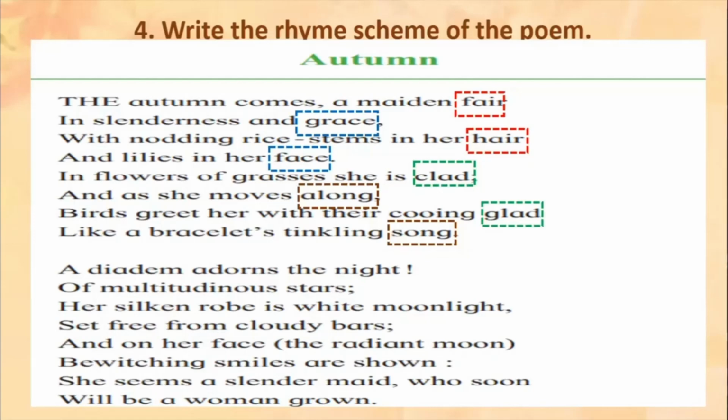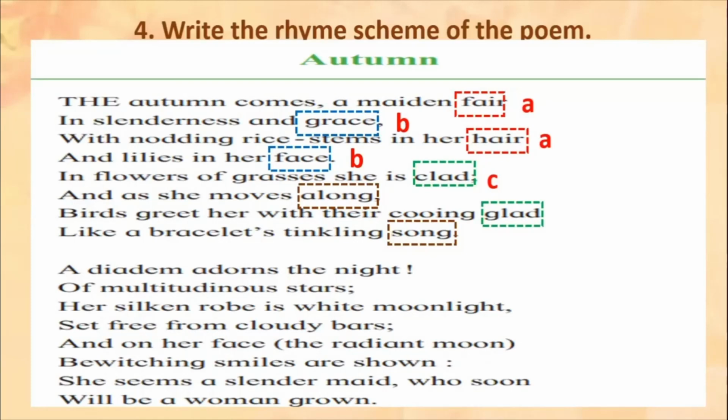Done? So how will we write the rhyme scheme then? We will write the rhyme scheme as A, B, A, B. Okay? Fair with hair, A with A, B with B, that is grace with face. Then now, since clad is a new sound, let us use the letter C here.